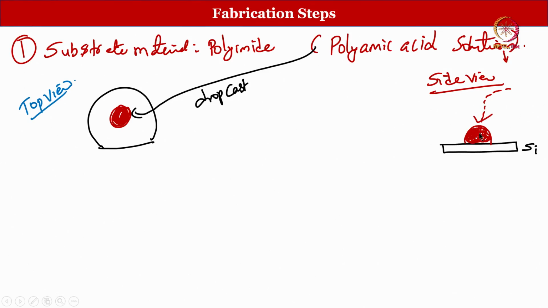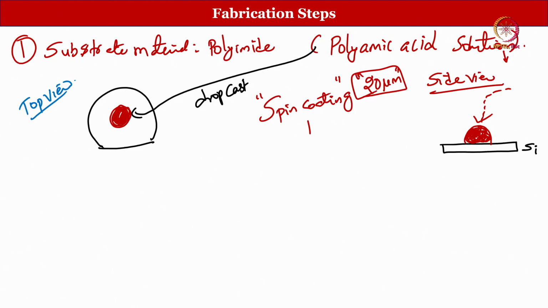Now, you have to uniformly distribute it. How to make it uniformly distributed? Wow, you might have guessed it by now. I gave the hint also, spin coating. Now, let us say I want 20 micron thick, and all these things will come with some understanding about spin coating and curing.